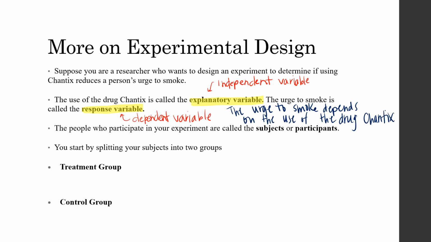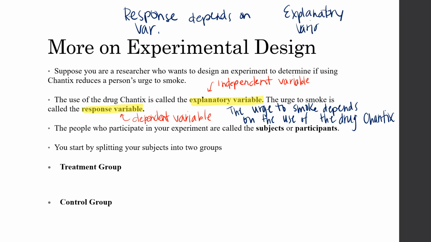Your response variable is going to depend on your explanatory variable. The people who participate in your experiment are called the subjects or just the participants.